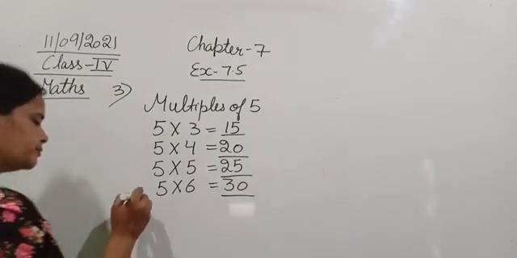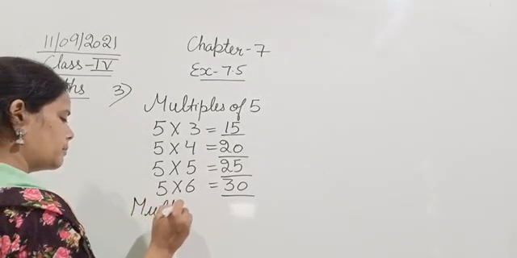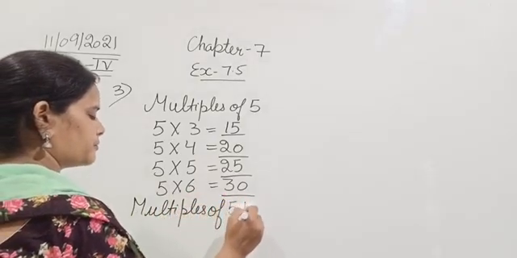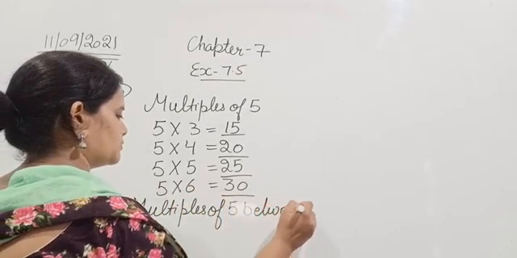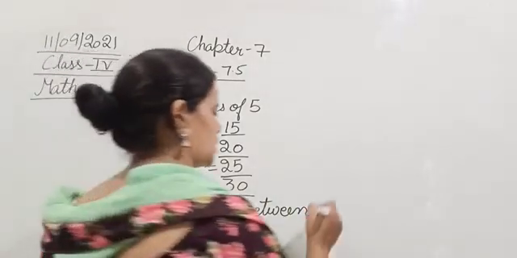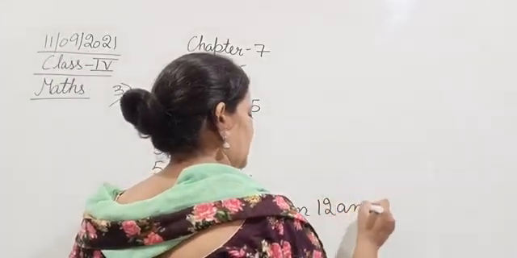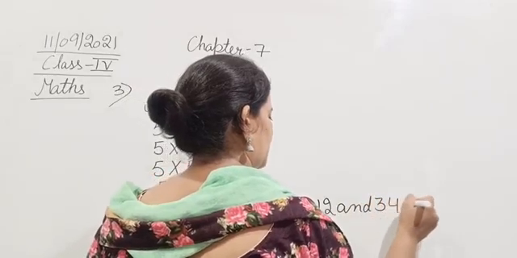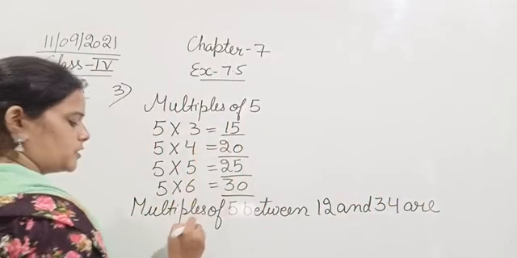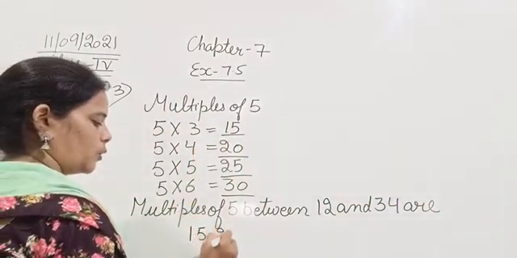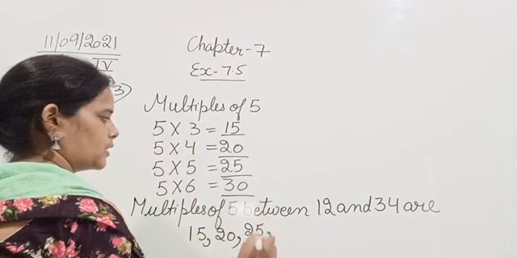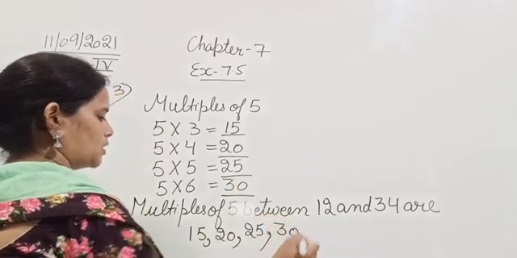So write down multiples of 5 between 12 and 34 are 15, 20, 25 and 30.